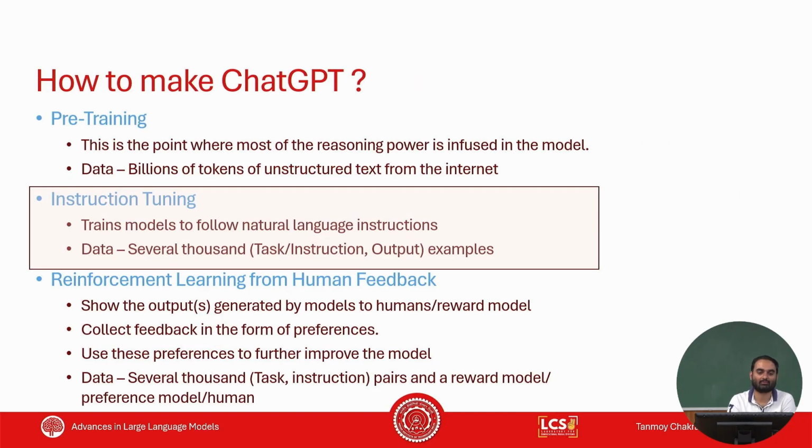So after pre-training, we will talk about instruction fine tuning, which basically lets the model follow natural language instructions. And then we will also see later that instruction fine tuning may also not be sufficient. We need more fine tuning, and for further fine tuning, we need human alignment.